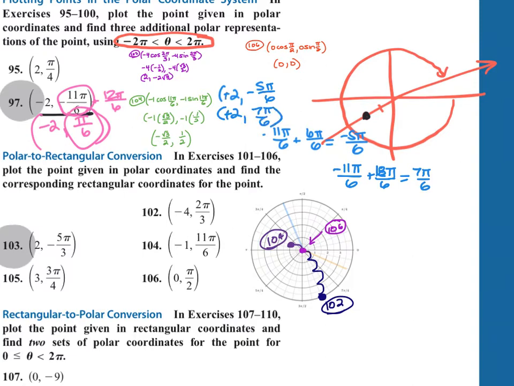These would be positive 2s. 7 pi over 6 is here, go to 2, negative 5 pi over 6 is there, go to positive 2, and then this is the one that would be negative because you'd go to positive pi over 6 and work your way opposite. So your 2 options again are to either keep r the same, add and subtract even multiples of pi, or change r to be the opposite sign and add and subtract odd multiples of pi.